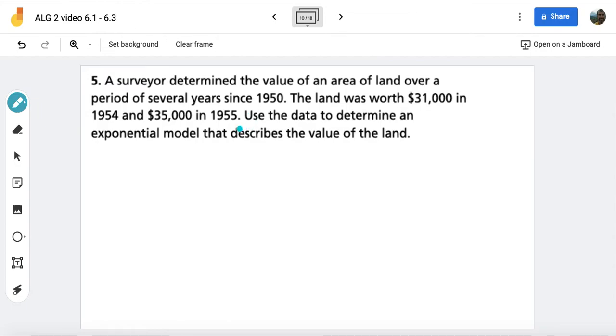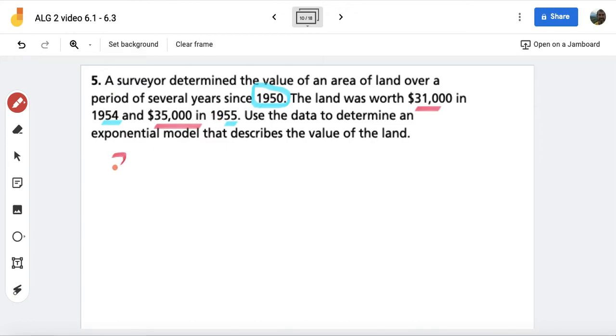We need successive years, and we have that. We have 54 and 55, but it's the years since 1950. We're going to keep that in mind. The first things we're going to deal with are 31,000 and 35,000. I'm going to do it in terms of thousands because they're both thousands. Now we want the later year divided by the earlier year.